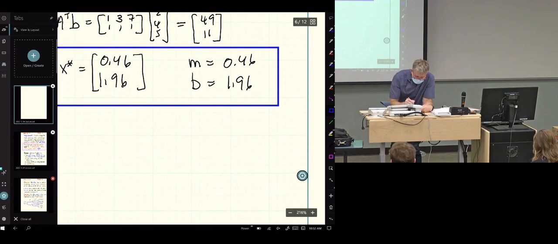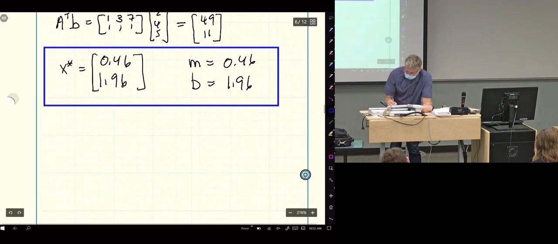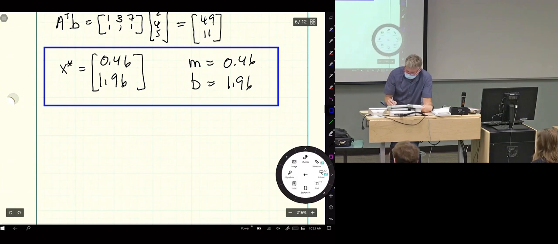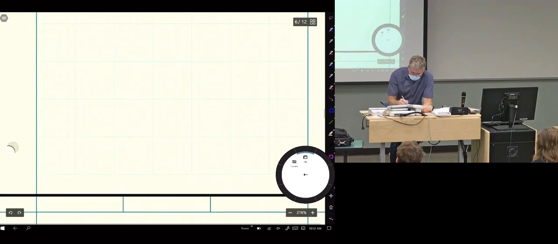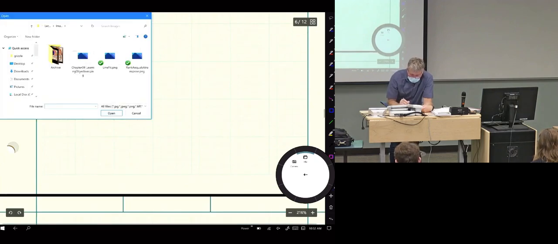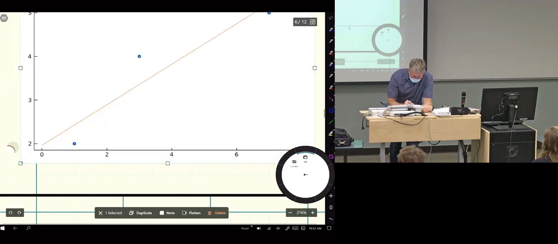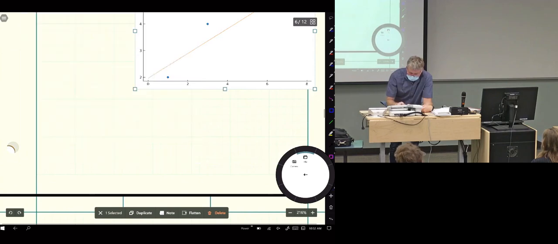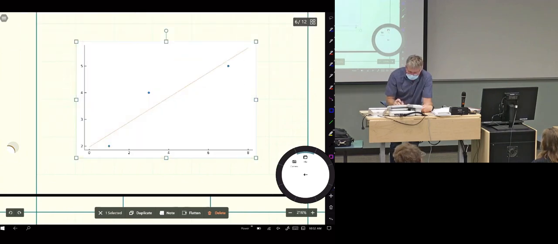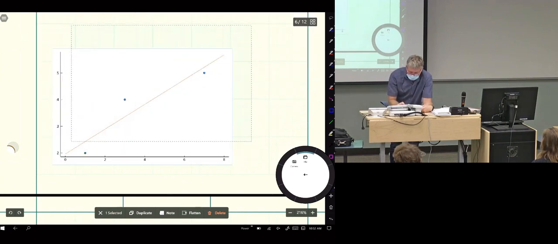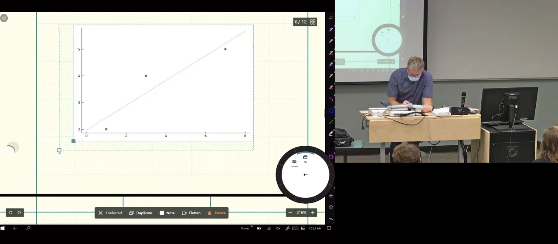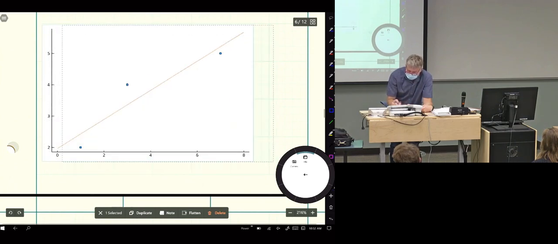And I got a plot of that. Insert image file. Line fit. I figured you guys had suffered enough with my poor drawing skills.